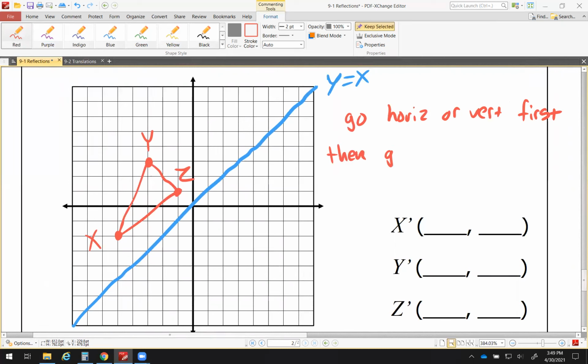So then go vertical or horizontal the same number of units, the same amount. Okay, so that may not be great English, but you'll see it in just a second.